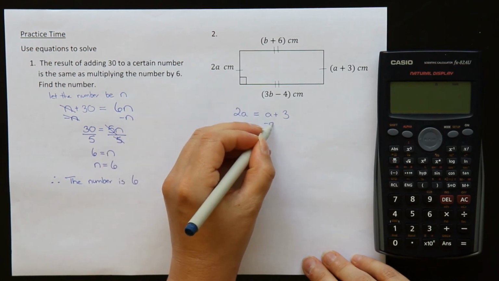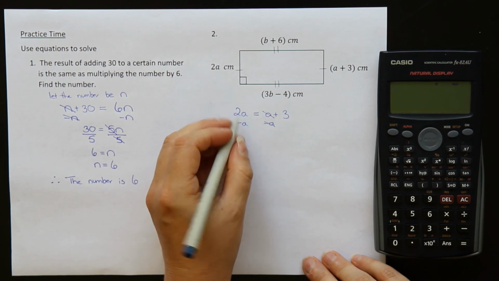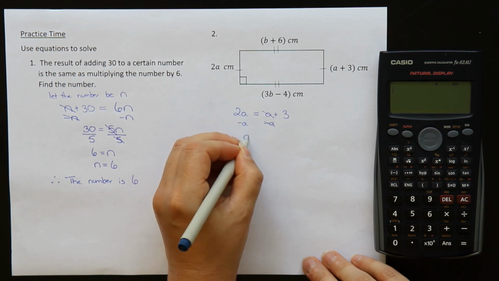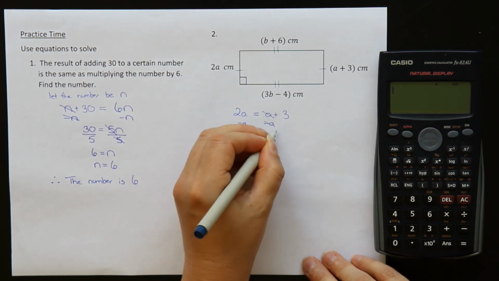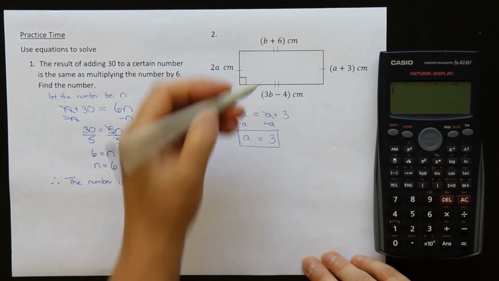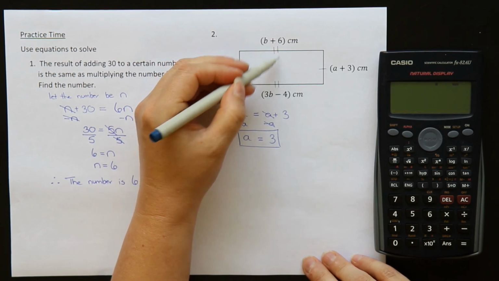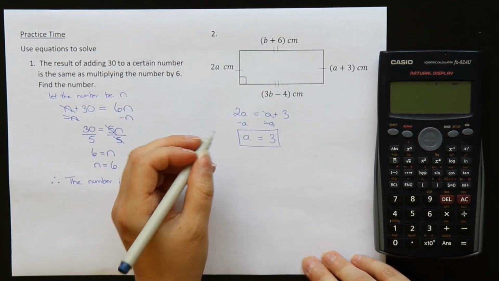I can subtract this a. 2a minus a is 1a, or just a, is equal to 3. Okay, there's one pronumeral solved already. And then I could say that these 2 sides are equal. They also have the marking, they have 2 lines.